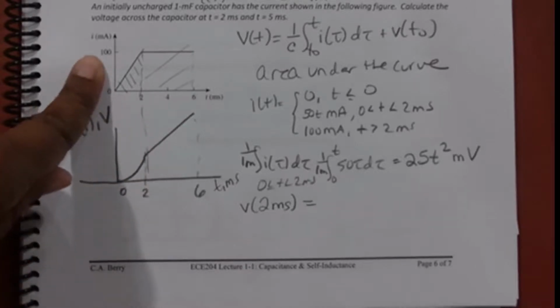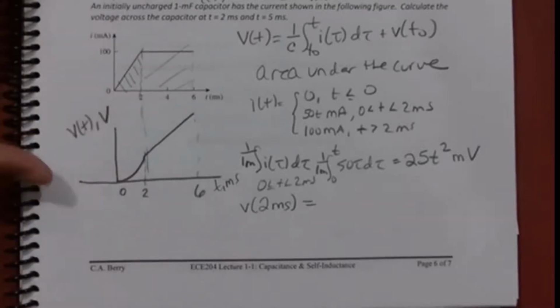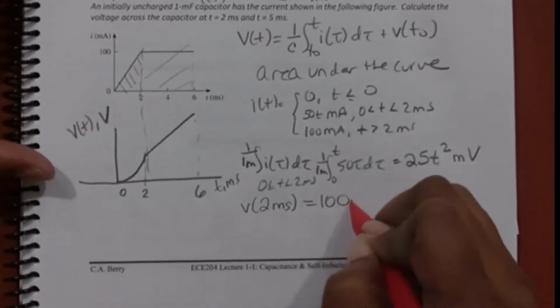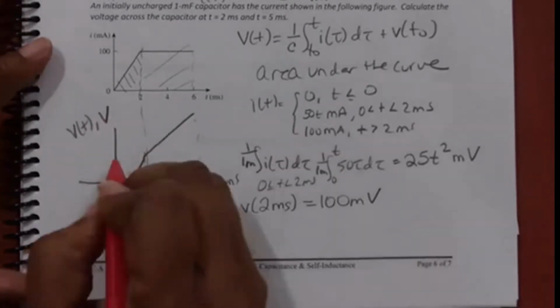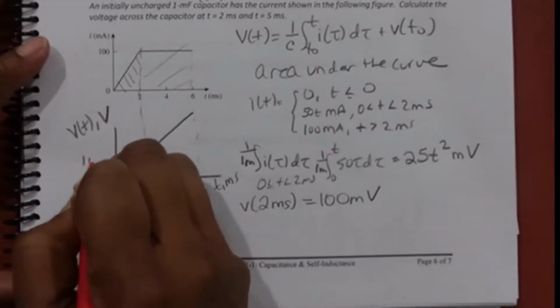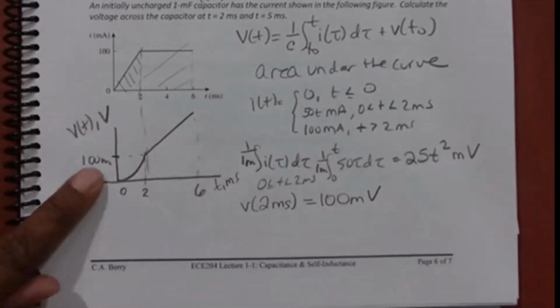So that would be 100 micro divided by 1 milli. So it becomes 100 millivolts. So that means right here is 100 millivolts.